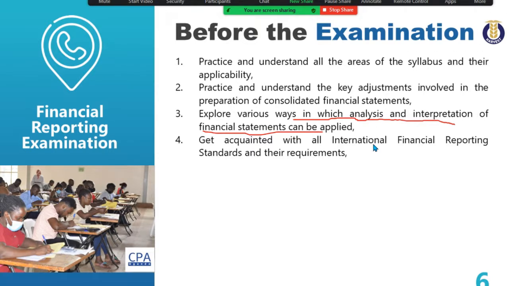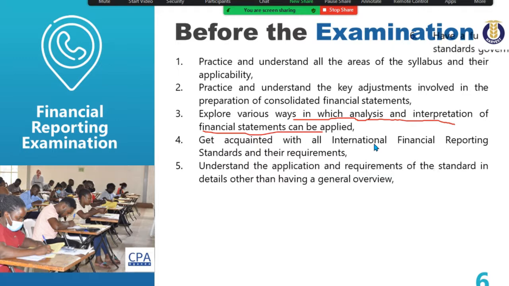Before the examination, get acquainted with all the international financial reporting standards, especially those that are covered under financial reporting. You're expected to understand the application and requirements of each of the standards. So you make sure that as you're reading, you understand the application, where this one applied.